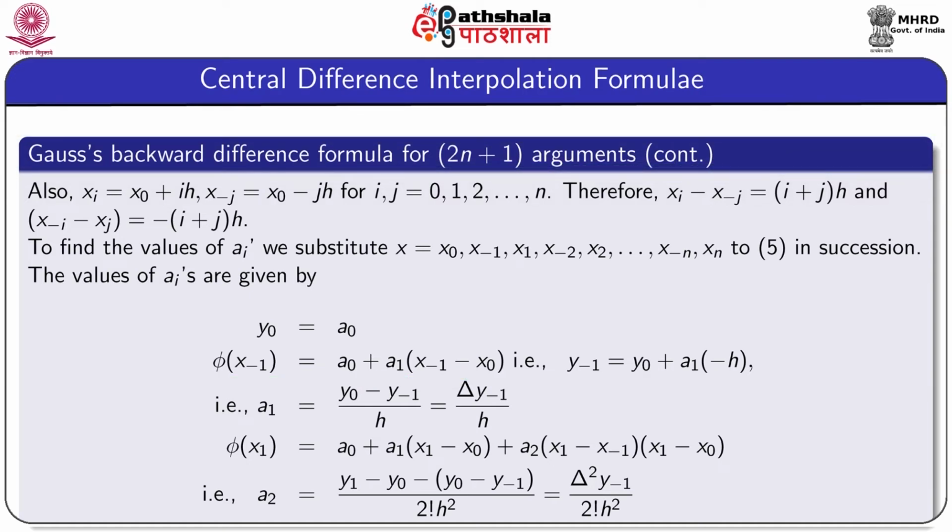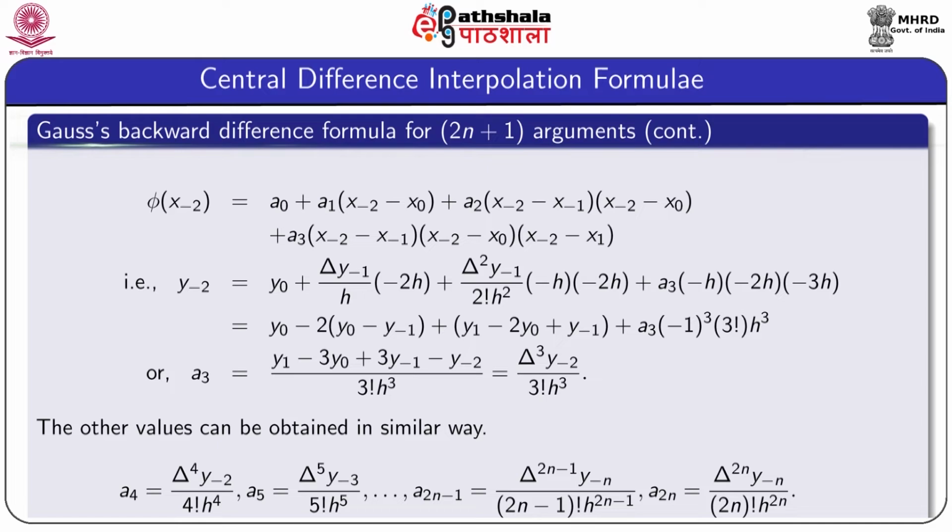That means a1 equal to (y0 minus y_{-1}) divided by h, and this is nothing but delta y_{-1} by h. Phi x1 equal to a0 plus a1 (x1 minus x0) plus a2 into (x1 minus x_{-1}) into (x1 minus x0). That means a2 equal to delta 2 y_{-1} divided by factorial 2 into h square.